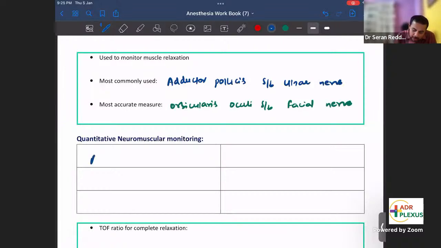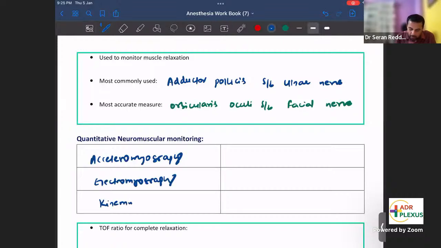Let it be acceleromyography, electromyography, kinemyography, mechanomyography, phonomyography.